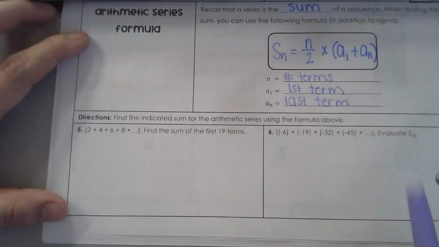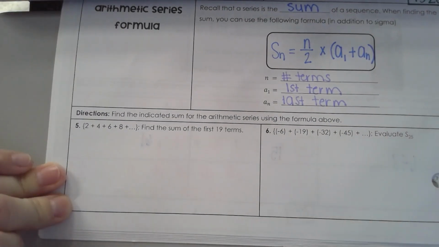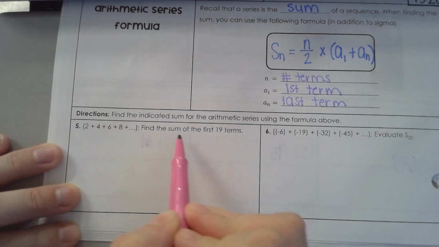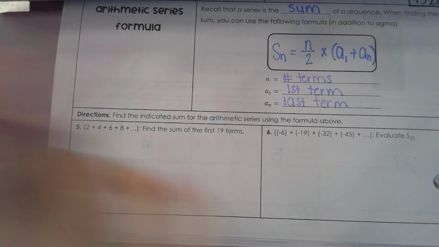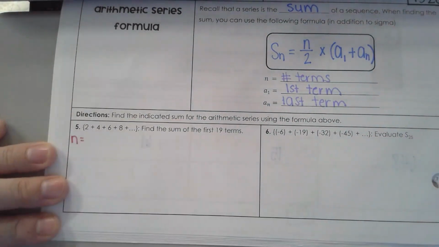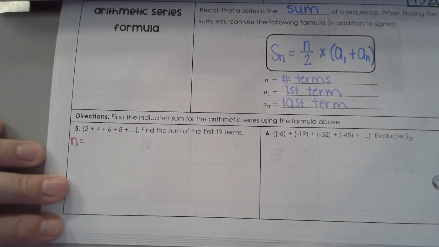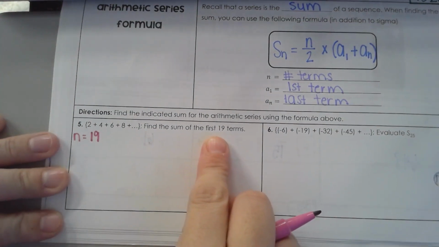So number 5, here's my series. I want to find the sum of the first 19 terms, and we're going to use this formula. So my n is what? What's n? 19. n is my number of terms that I'm adding together. 19.